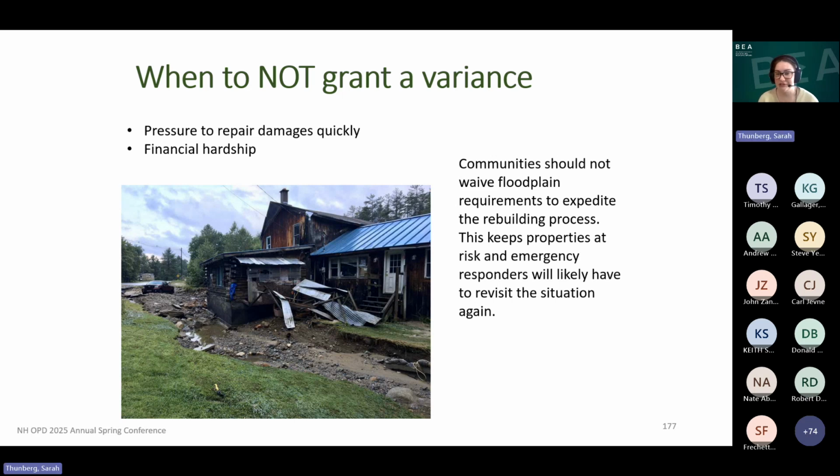You would make that determination by getting some quotes and estimates for how much repairs are going to cost to bring the structure back to the condition it was before it was damaged.